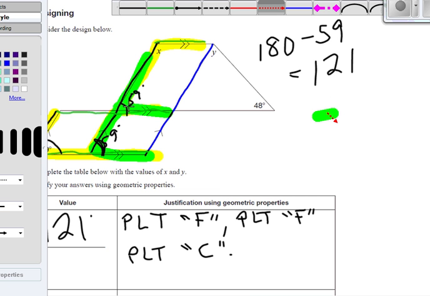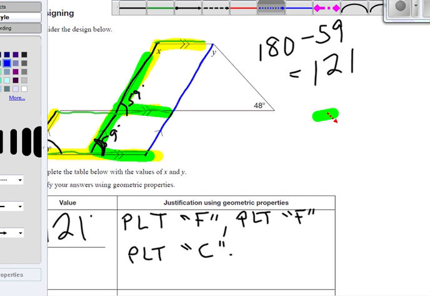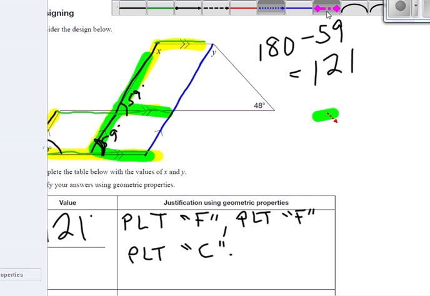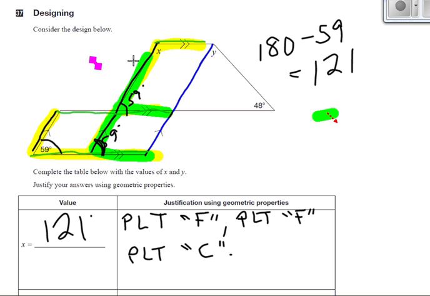Aha, I think I might be able to do this. Let's make it blue. Save. And let's see, what did we do? Nope, didn't work. Never mind. I'll use pink. So I have the yellow F, then I have the green F, and then finally we had this pink C pattern. And so PLTF, PLTF, PLTC, good enough for me.